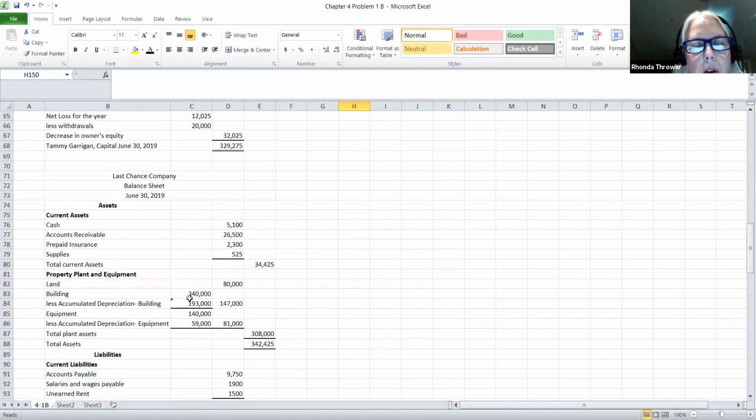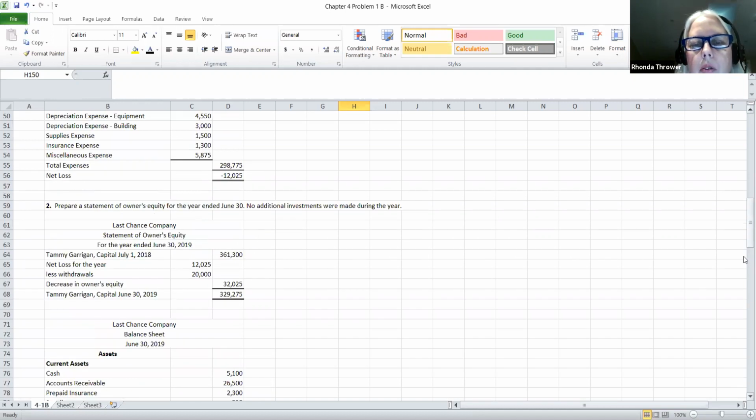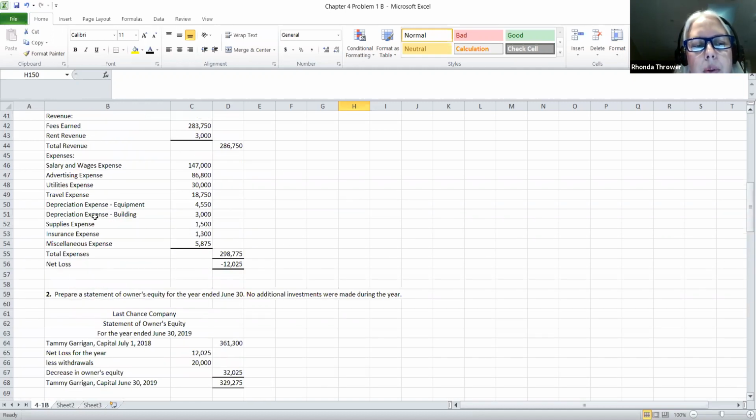Notice I've scooted over and made a separate column here for my depreciable assets. I have two assets that are depreciating in this company. One is a building and one is equipment. You're going to start with the building amount, and this cost, this $340,000, comes from the adjusted trial balance for the building.